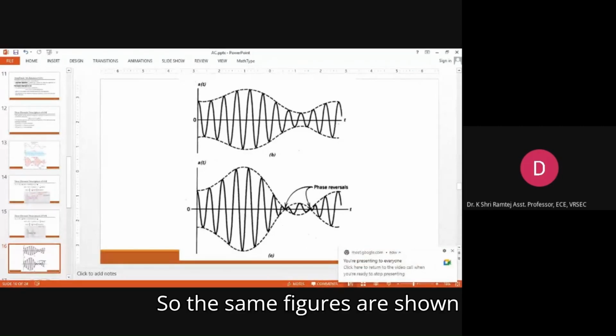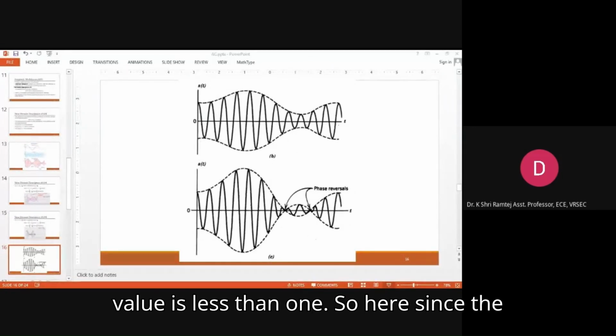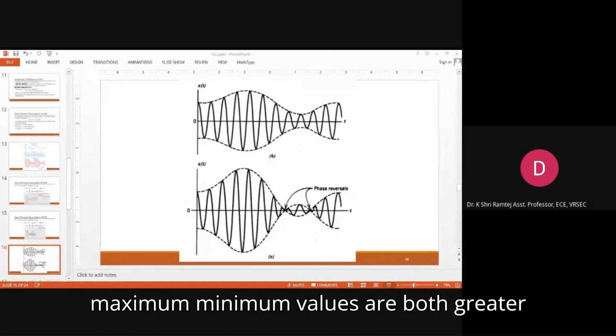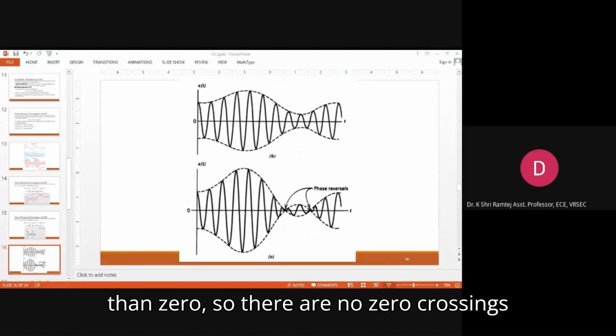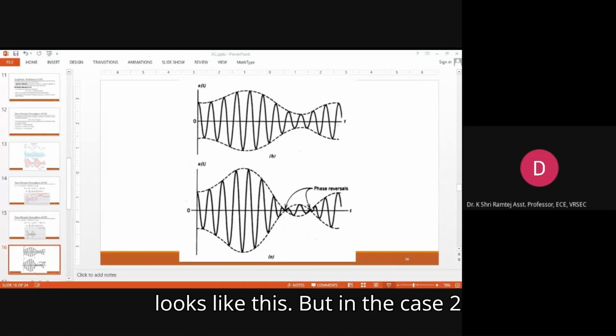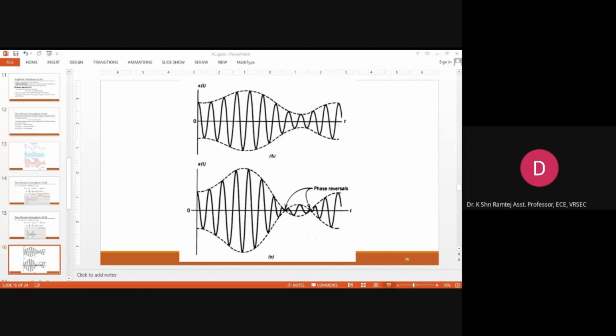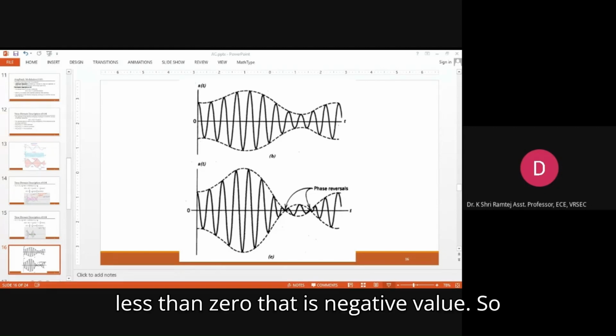The same figures are shown here. This case is when the Ka value is less than 1. Here, since the maximum and minimum values are both greater than 0, there are no zero crossings, and the modulated waveform looks like this. But in case 2, when the Ka value is greater than 1, the minimum value will be less than 0, that is, a negative value.